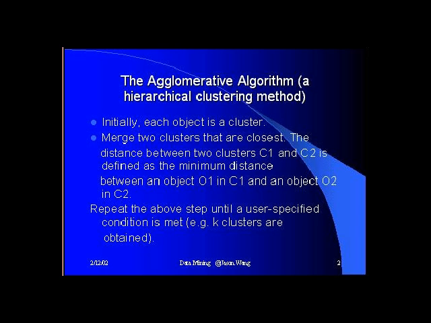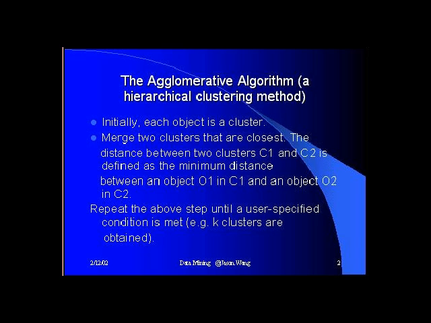Suppose you have 10 objects in this cluster and 5 objects in this cluster. Totally, how many distances do you calculate for all these combinations of objects? That would be 10 times 5.